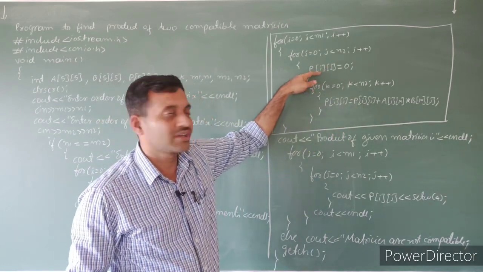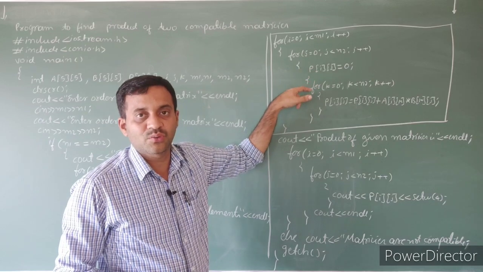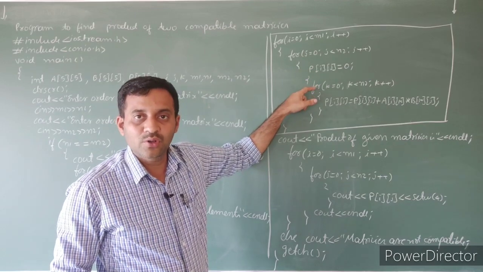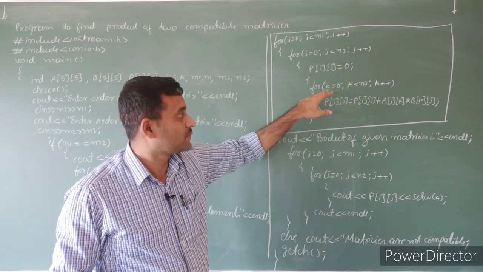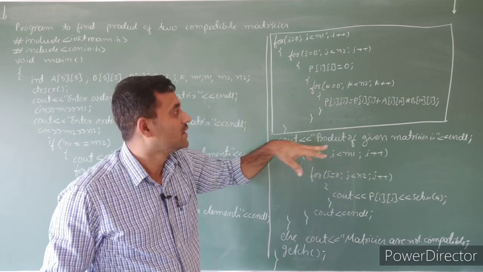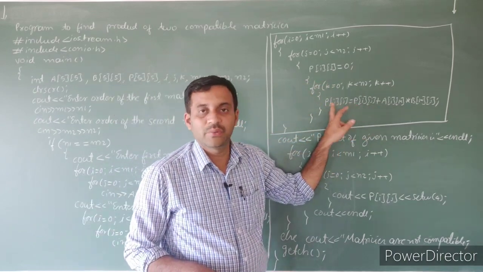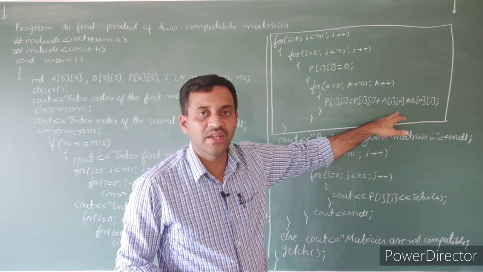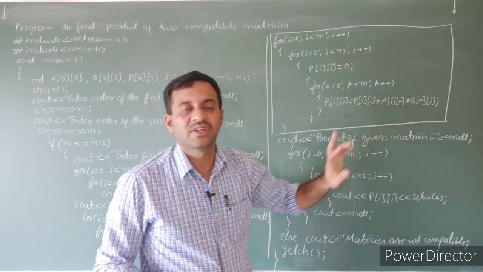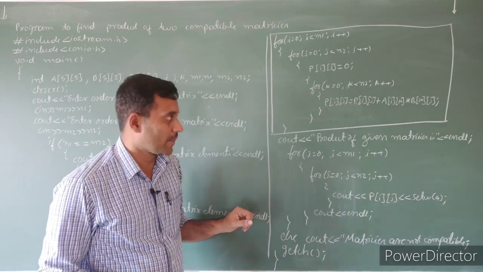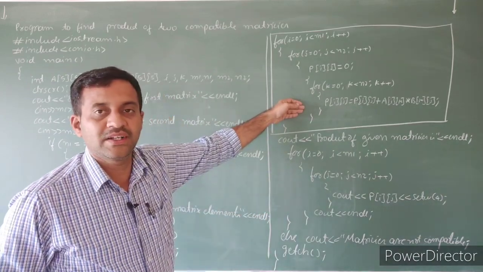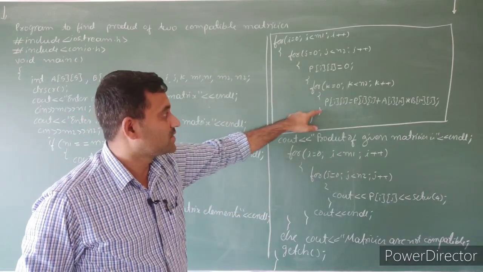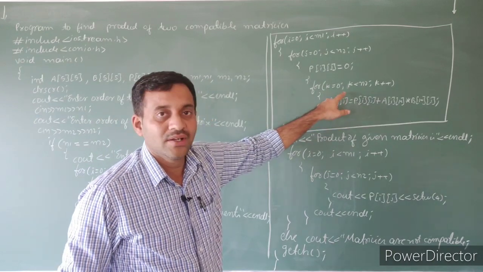Then use one more for loop to access the column elements. Then the expression is P of ij equals P of ij plus A of ik into B of kj. Based on this expression, we find the product of the matrices that is assigned to the matrix P.